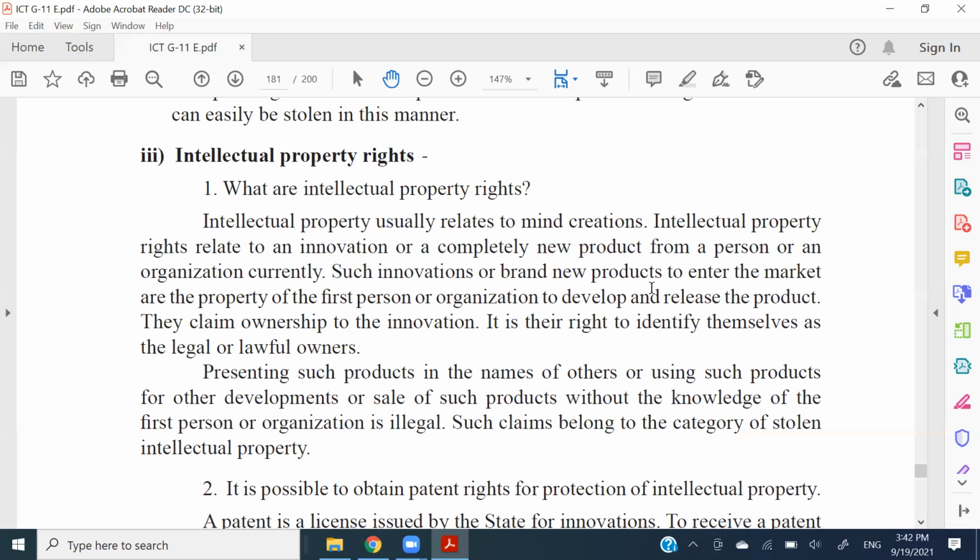Now think about yourself, right? Even though we don't know this is a legal issue, if we are asked to do an assignment, we just go through the internet and find some details, and we just copy paste, and we put some of our own words into it as well, and we copy paste some pictures, and we just print it, and it will be presented as our own work.